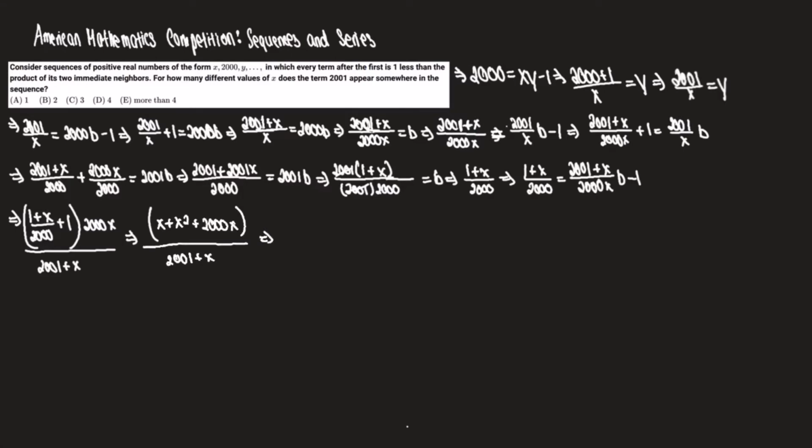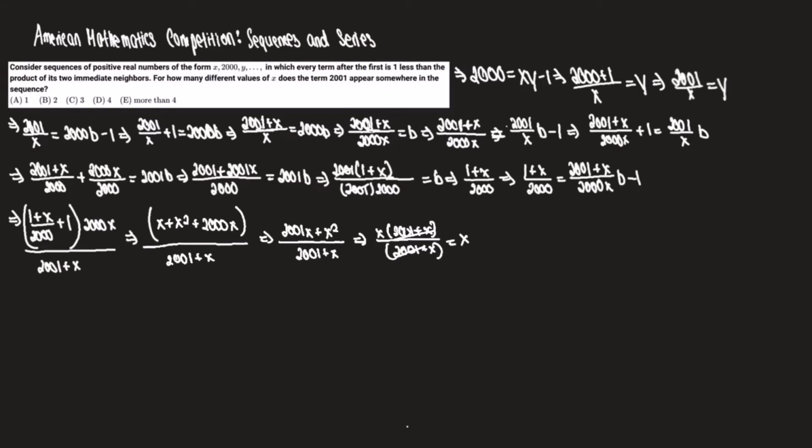Now this is going to simplify to 2001x plus x squared over 2001 plus x. You can factor out the x and you get x times 2001 plus x over 2001 plus x. This cancels out, and then we're just left with x.